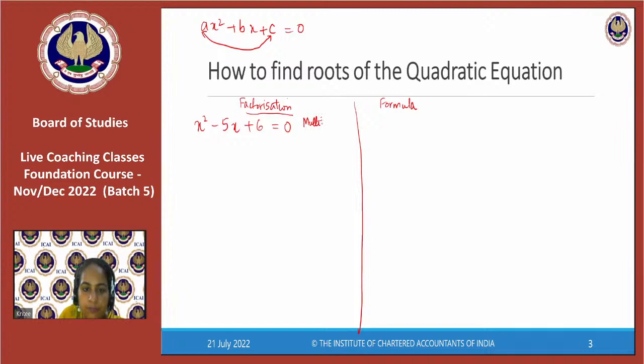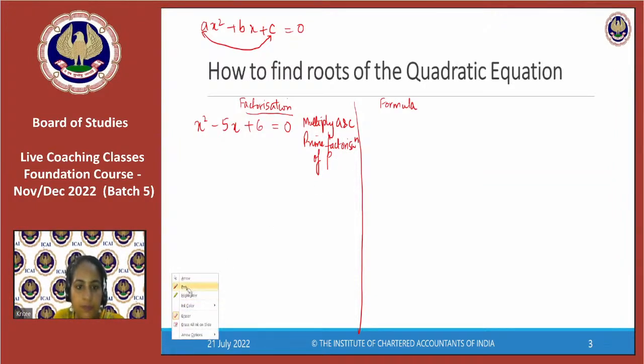Multiply a and c. Whatever number comes in, do the prime factorization of the product obtained in step 1.